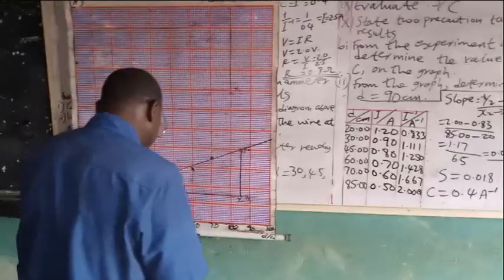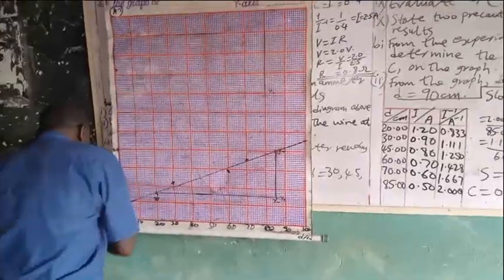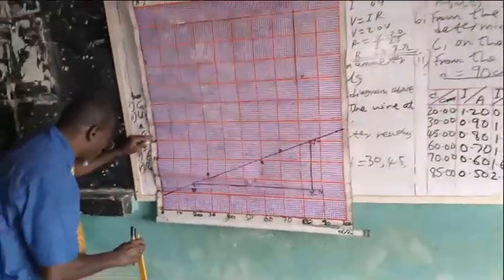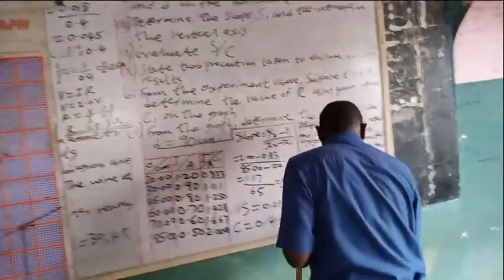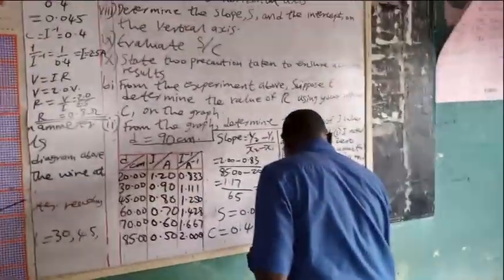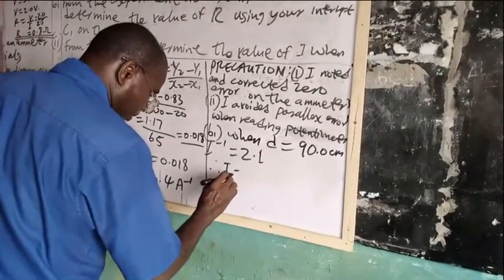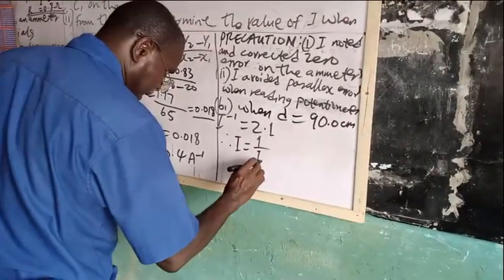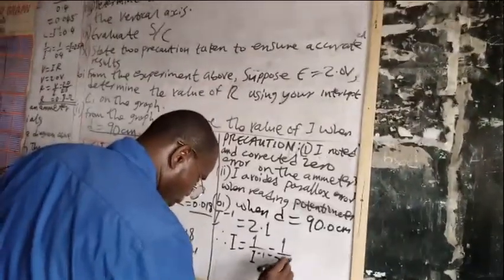When D is equal to 90 centimeters, I inverse is equal to 2.1. Therefore, I is equal to 1 over I inverse, which is 1 over 2.1.